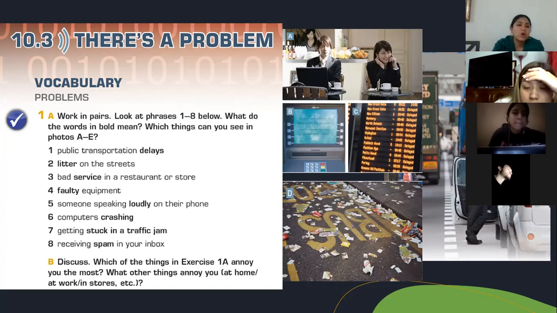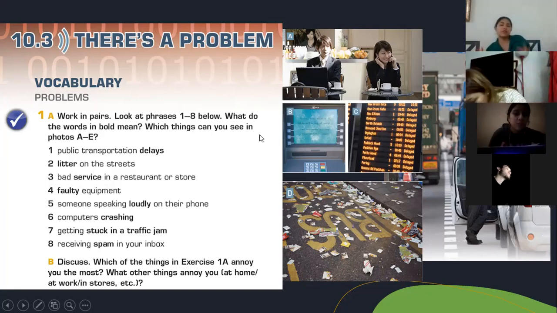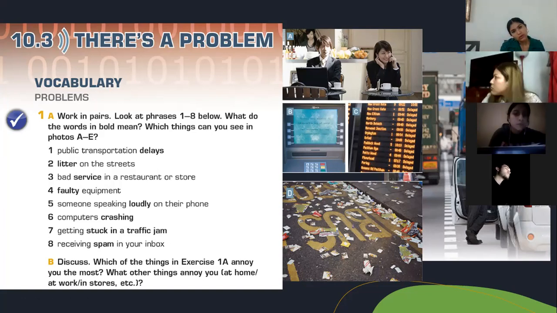Okay. So, which of the things from this exercise annoy you the most? First of all, what is the meaning of annoy? Ok, es algo muy molesto. Es un verbo, entonces es como que te molestan, right?